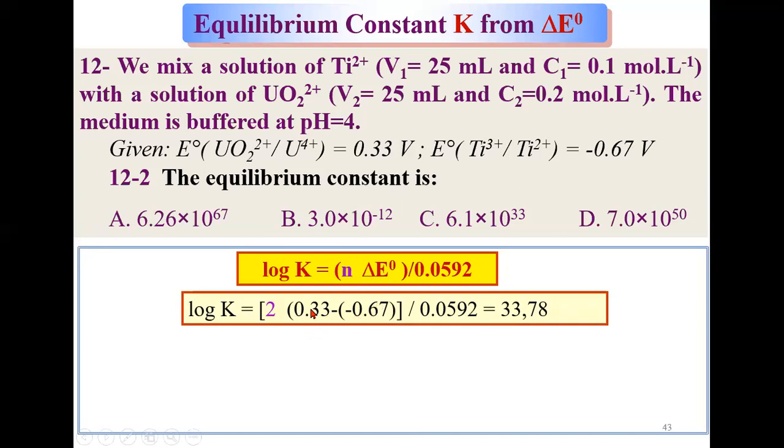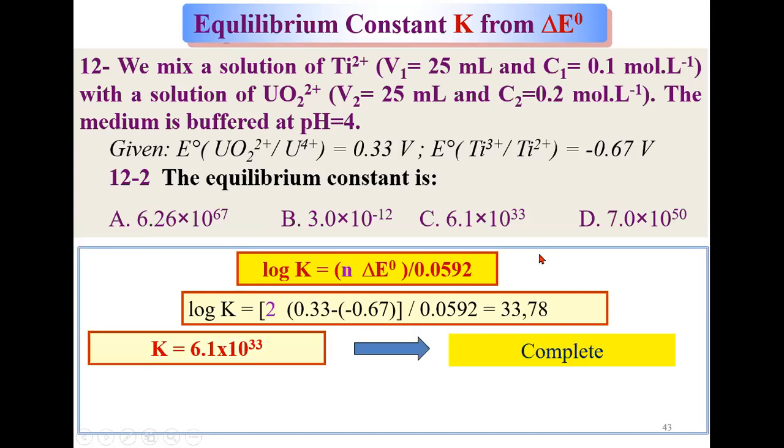One is negative, one is positive, and there's a minus sign between them, or get the E naught separately, divided by 0.592, and you get an answer of 33.7. So K is fairly high, and therefore it's a complete reaction. Your answer here is C.